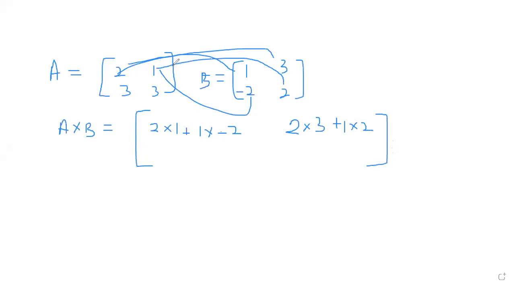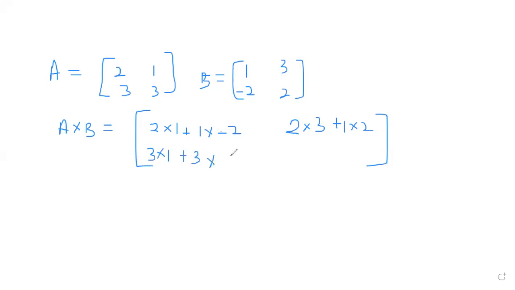Then once we are done, we have to go to the next row and repeat the same process again. So it's going to be 3 times 1 plus 3 times -2. Okay, this is 3 times 1, 3 times -2.